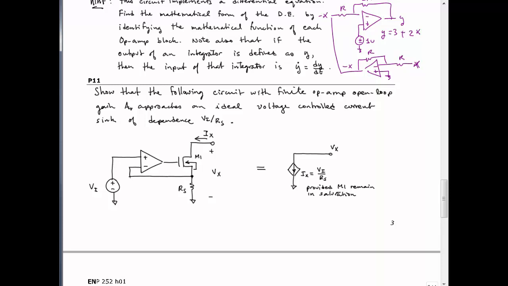What this is claiming is that if you have an op-amp that has, in the limit, an infinite gain, then the circuit on the left behaves like an ideal voltage-controlled current source. The way that you program this current source is you apply a voltage VI, which is over here, and it forces a current IX right here. Now, of course, there'd be no current IX unless this was connected to something.